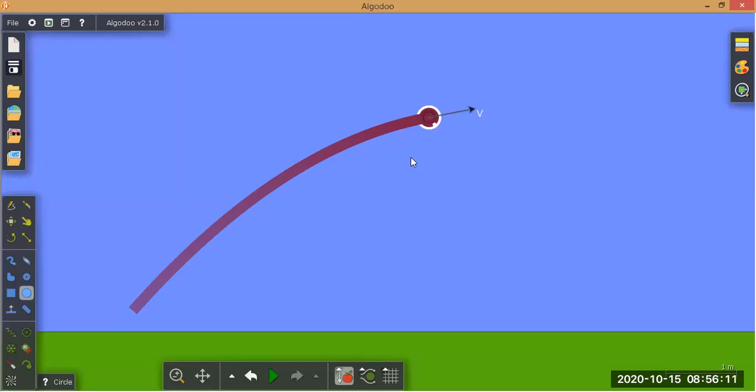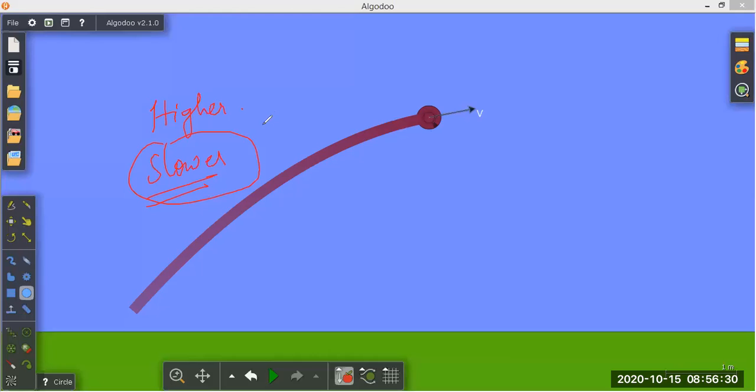Okay, why did that happen? I think all of you have this natural idea that as anything goes higher, it would become slower, correct? So when it becomes slow, it means its speed is less, and speed is less means magnitude of velocity is less, right?